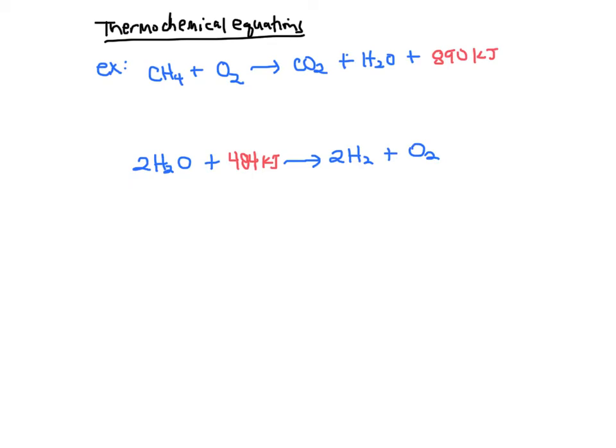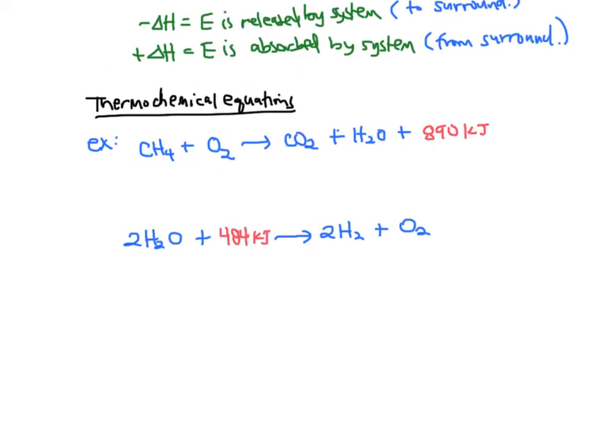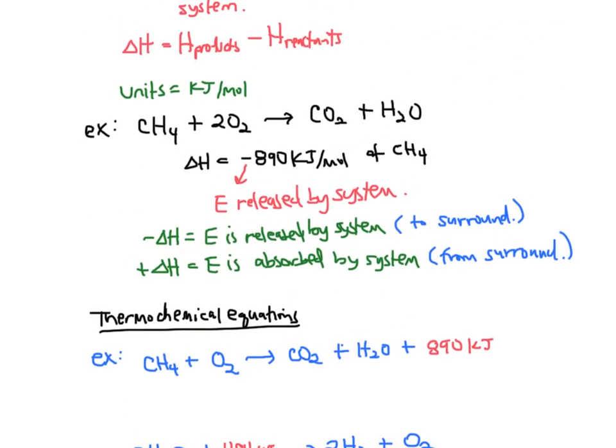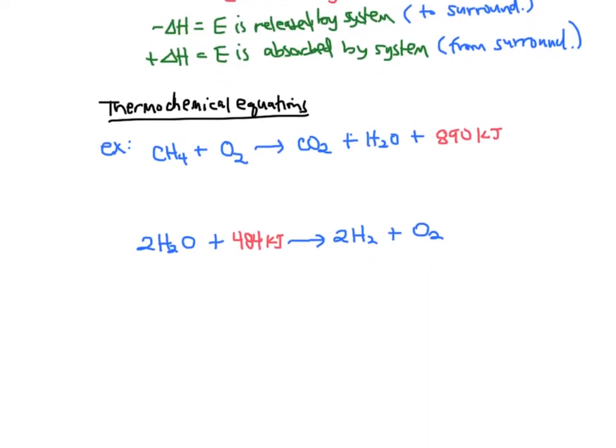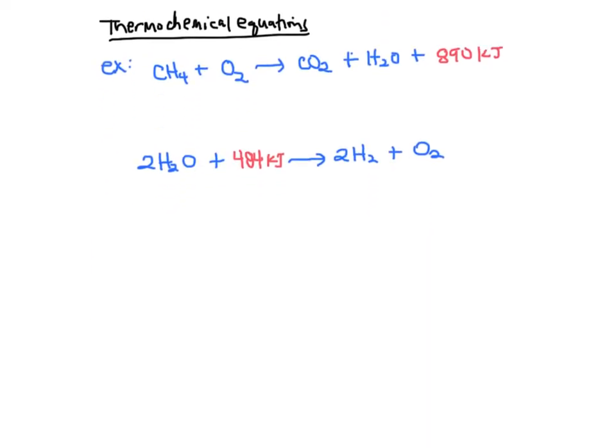So you can actually write chemical equations for thermochemical reactions. For that last reaction we just looked at, the combustion of a mole of methane, we wrote the enthalpy change separate from the equation, but you can actually write it into the equation as a reactant or a product.